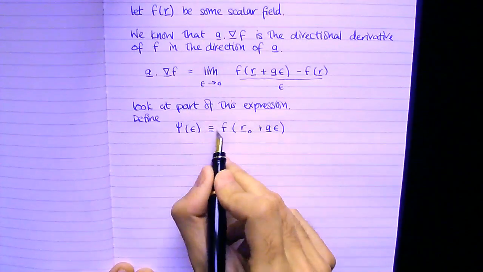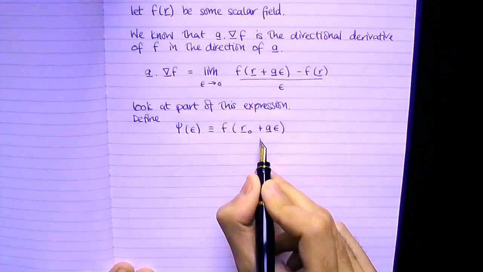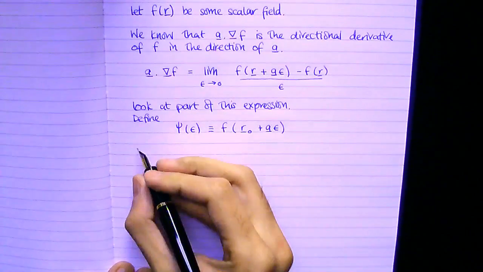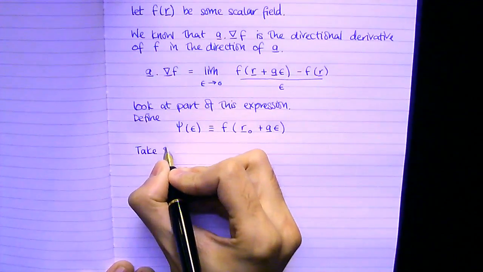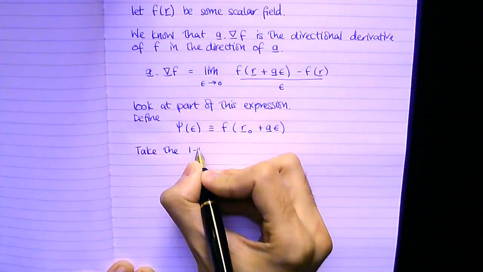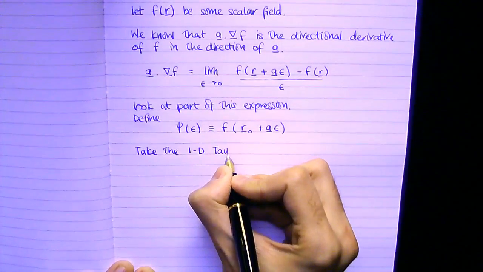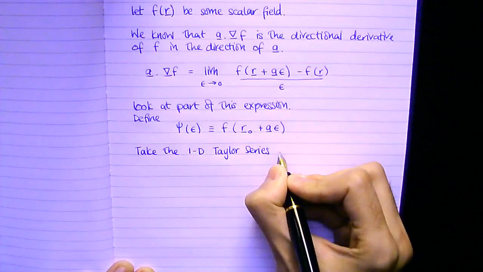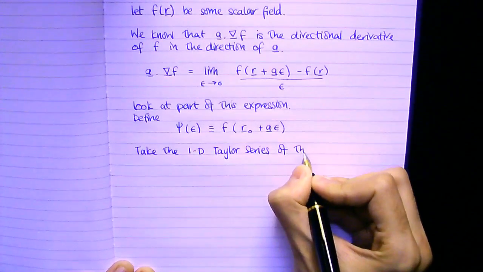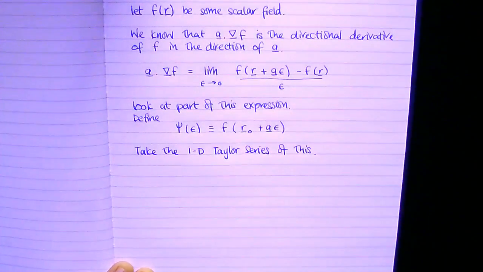Since this is a one-dimensional function, I can use the one-dimensional Taylor series on this, just a standard Taylor series expansion. So I'm going to take the 1D Taylor series of this.